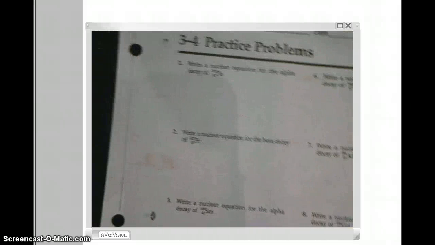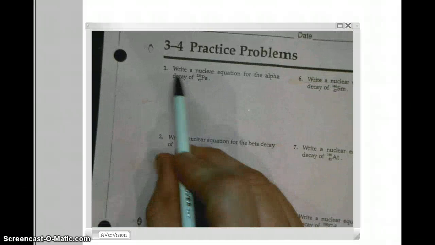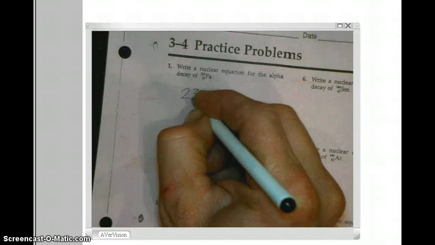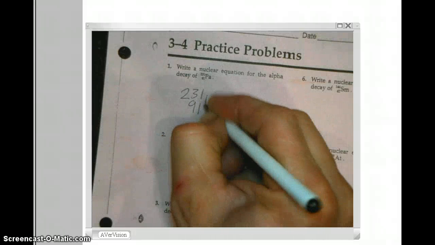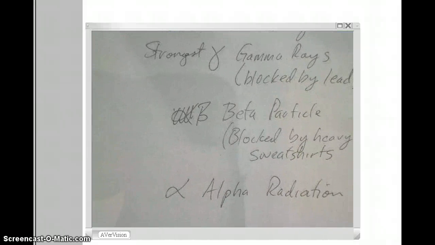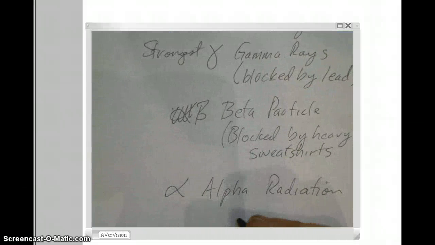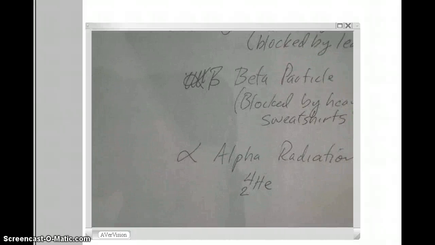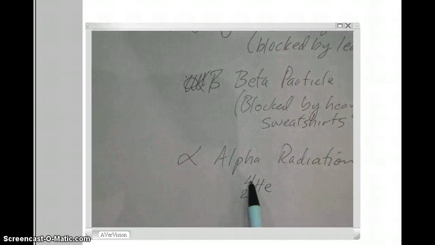Now, if you flip to the front, it says write a nuclear equation for the alpha decay of 231 91 Pa. Now, an alpha particle is going to be what we call a helium particle. So it is going to have the same setup, a mass of 4, proton of 2, and it's going to resemble a helium particle.